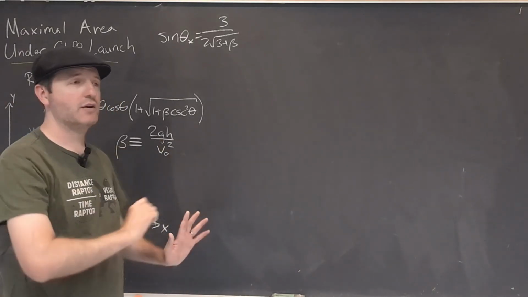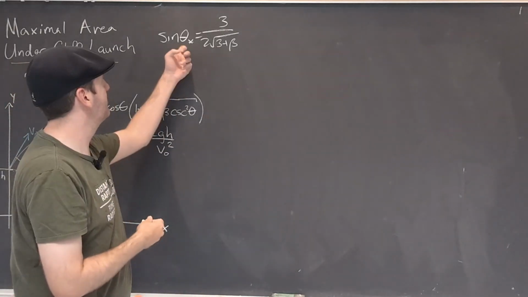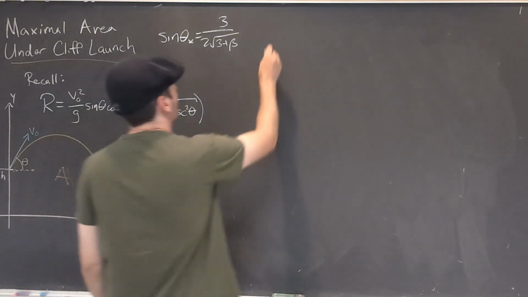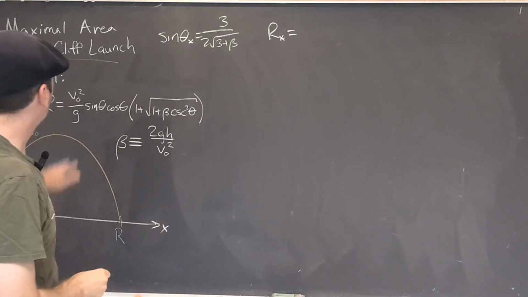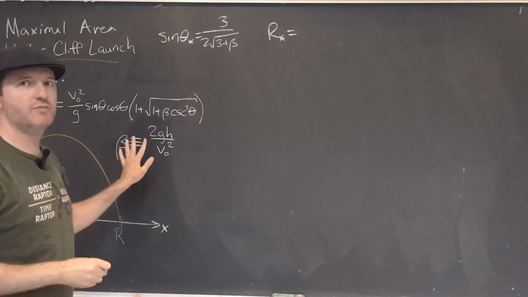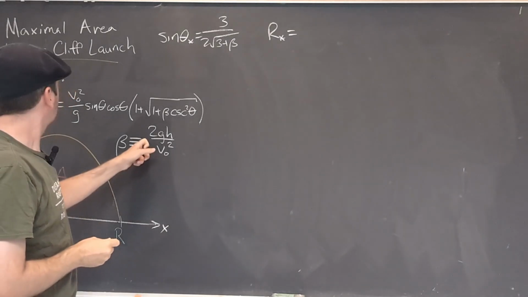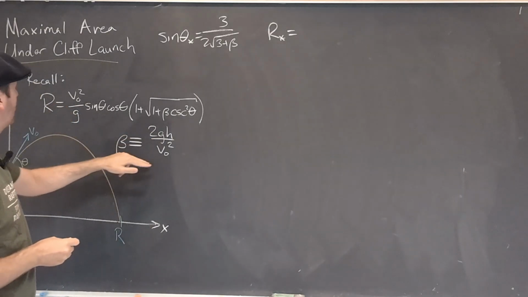Okay, so to make this integral easier, let's first find the range corresponding to this angle by plugging it into our range formula. Maybe I'll call that R star. So I have a V naught squared over G. I'm going to rewrite that in terms of beta and H just to make things look a little cleaner here. So notice that 1 over beta will have a G and a V naught squared.